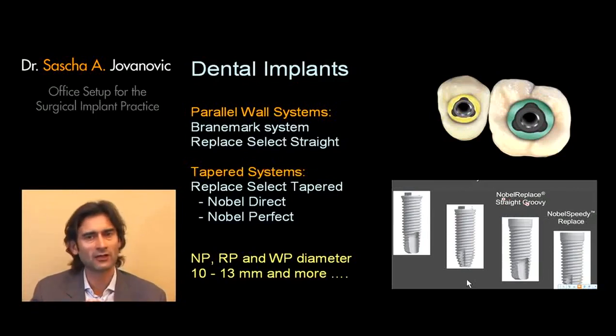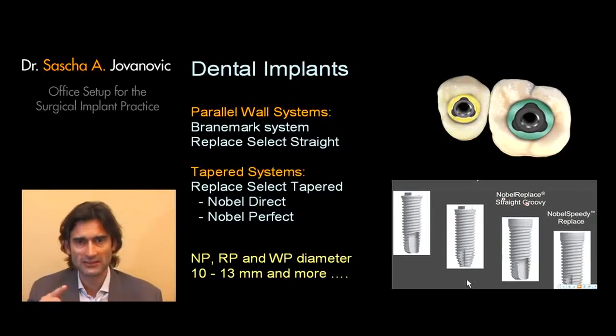The same, I will not really push a site with a wide platform implant because it's not necessary. The regular platform implant is a very well universally researched implant in most implant systems, in most of the sites, and so it works really well. So we don't step down with the diameter if there's little bone width, neither do we step up.